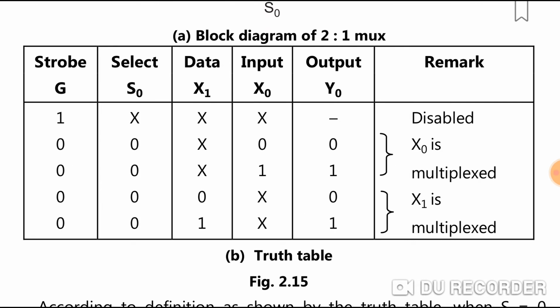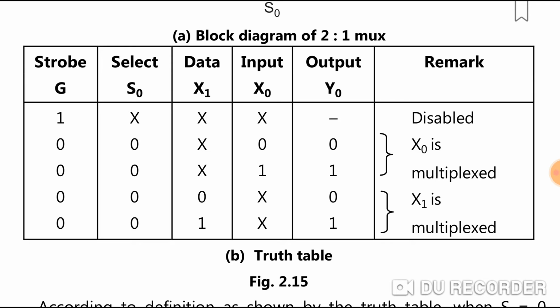So when G strobe is 1, select line is don't care, data is don't care, so output is disabled. But when the strobe is 0, S0 is 0, data is don't care, input is 0, output is 0.